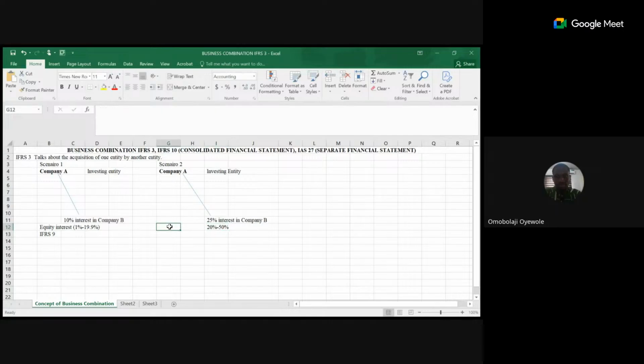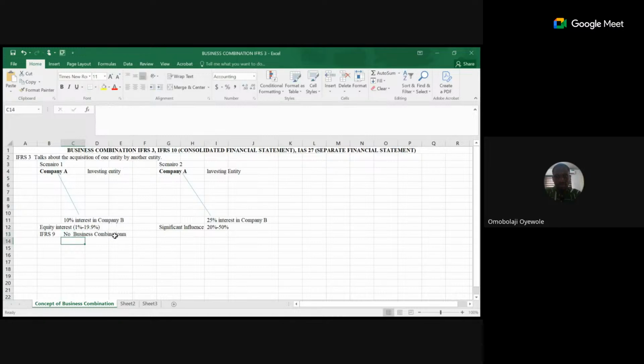We call this a significant influence. Now, no business combination. So the concept here is that for scenario 1, no business combination.